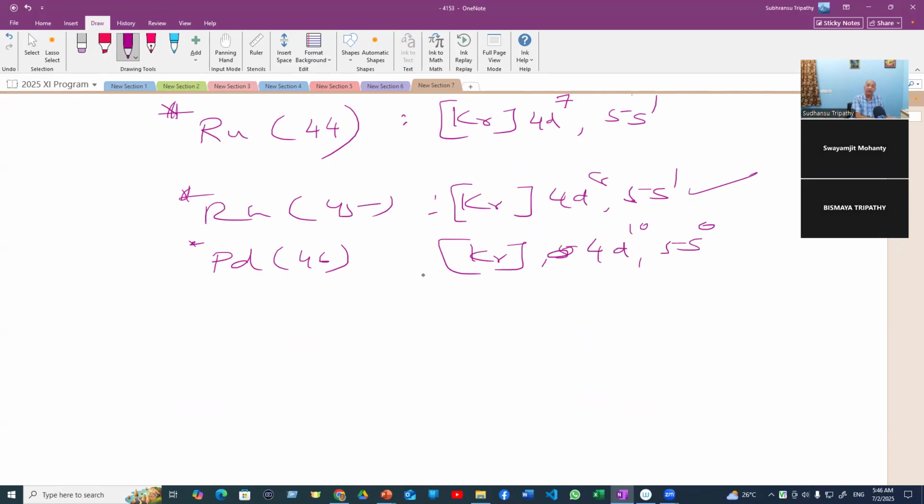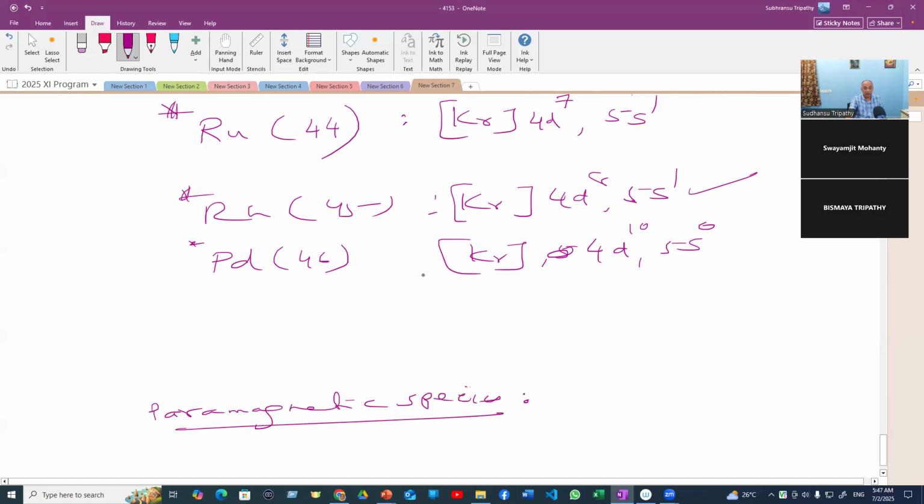Of course, had it been 5s2, 4d8, then it would have been paramagnetic. Now I am giving you a definition. A thing is called a paramagnetic species, maybe an ion, an atom, any species containing unpaired electrons.